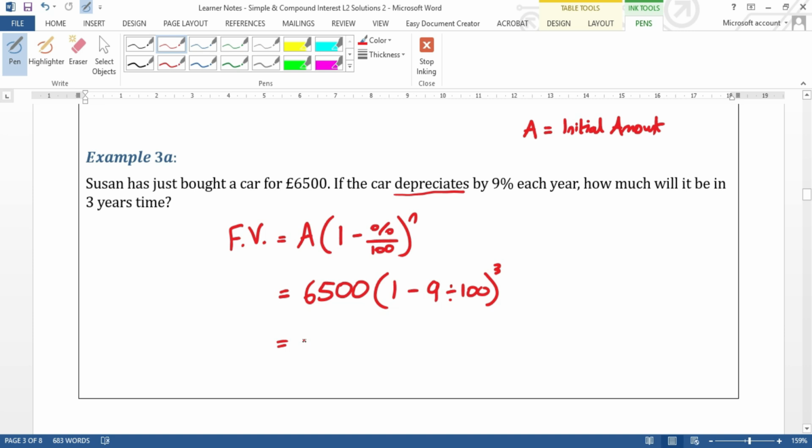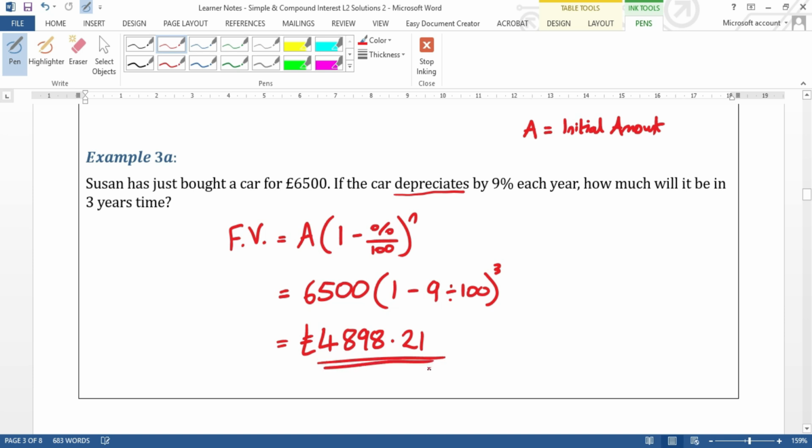Let's type that in. So 6,500, open brackets, 1 minus 9% to the power 3. And you should get 4,898 point, let's call it 21 pence to the nearest pence.